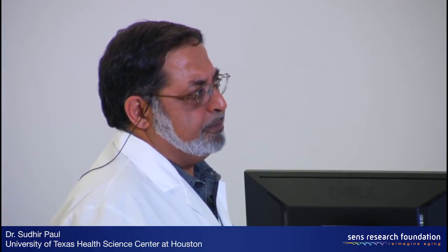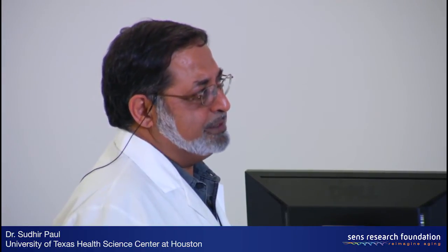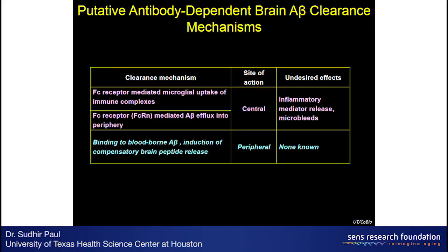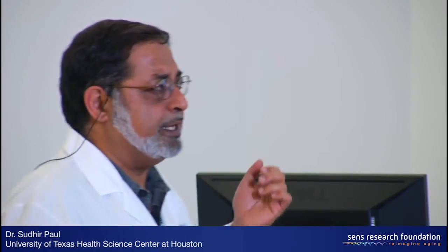So for antibodies that don't get into the brain at all, a proposal is that the antibody binding to peripheral blood-borne amyloid peptide works like a sink, that the antibody sequesters the peptide in the periphery, and this induces a compensatory release of the brain peptide stores.